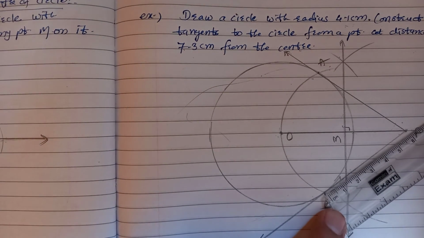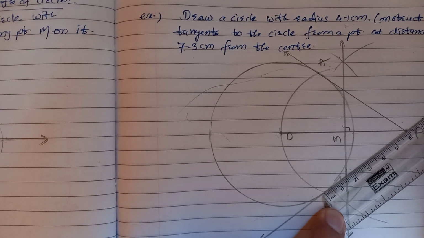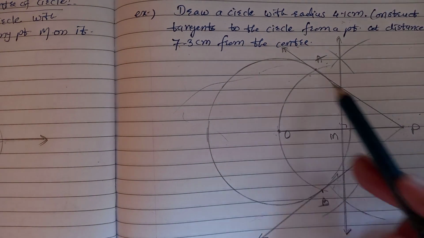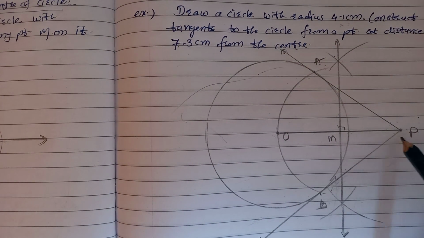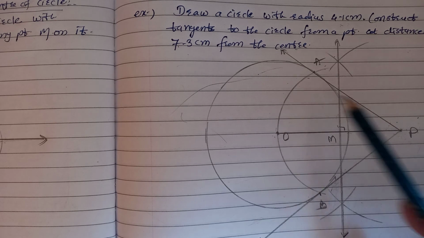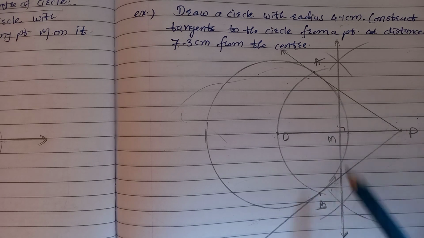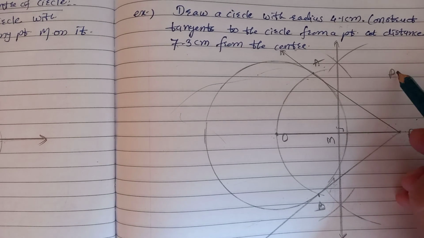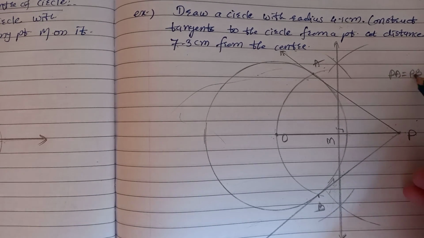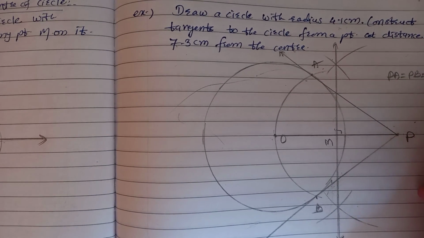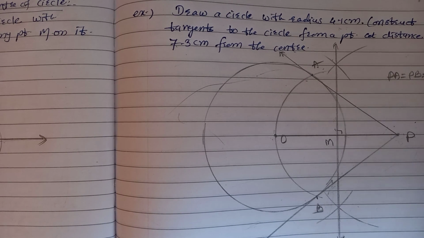This is also 5.9 or in between 6. That means these two should be the same. This is the theorem you have already studied: the tangent segments drawn to a circle from an outside point are congruent. So they may ask what is the length of these two tangent segments. You can write PA is equal to PB is equal to 6 centimeter, whatever the lengths come.